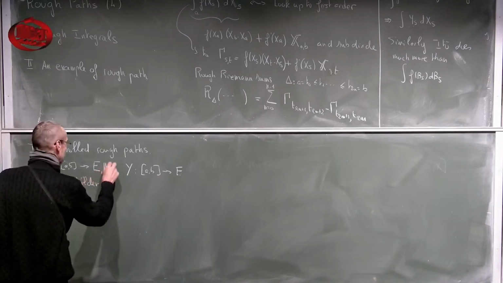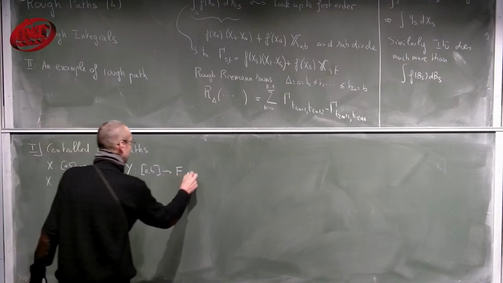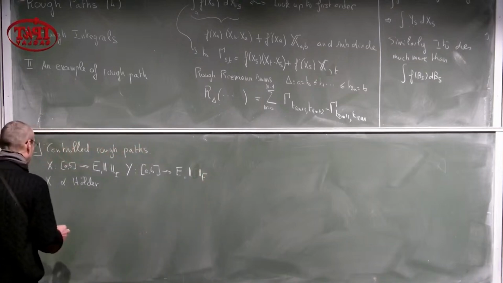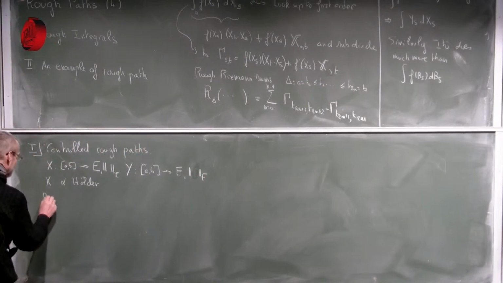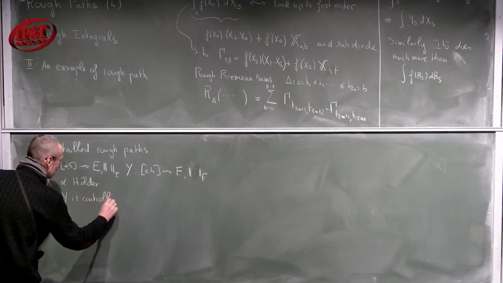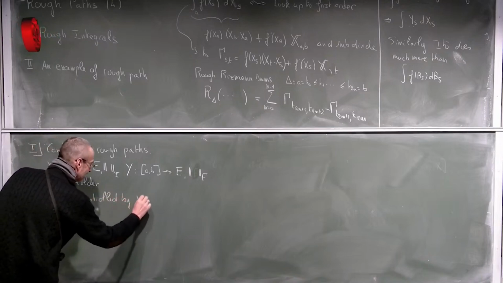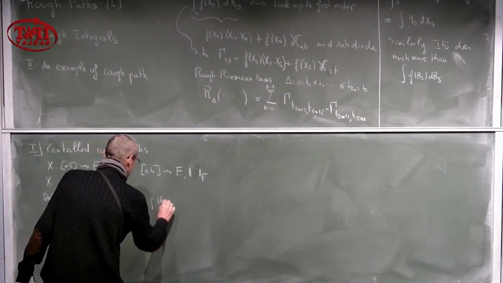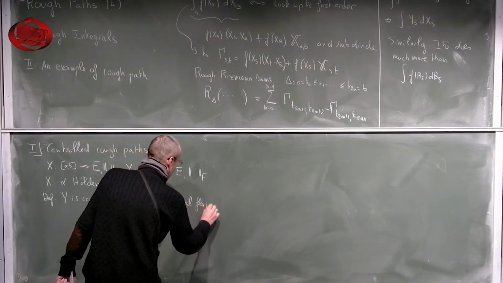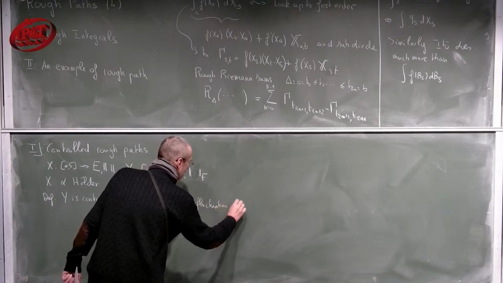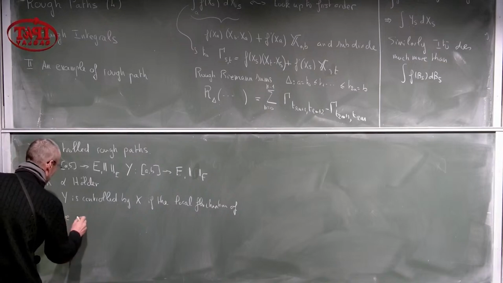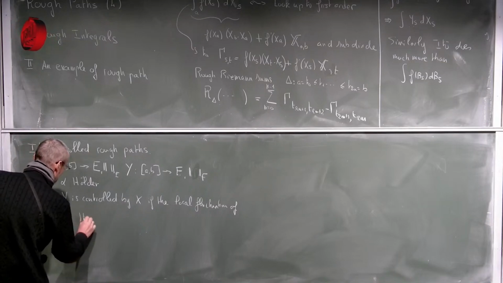So let's mention nevertheless that there is a norm on E, there is a norm on F. Imagine that X is alpha Hölder, and you define, this is a definition, you say that Y is controlled by X if, I will give a precise definition, locally the fluctuations of Y are of order, let's say, those of X.